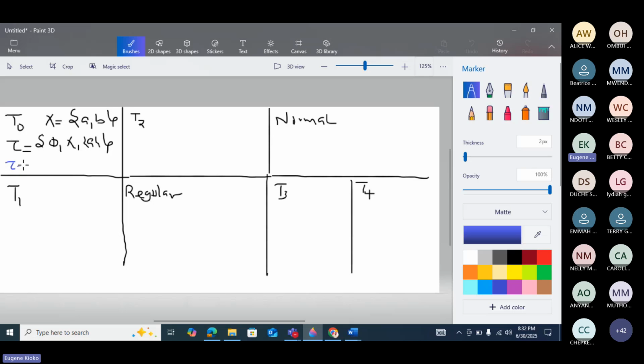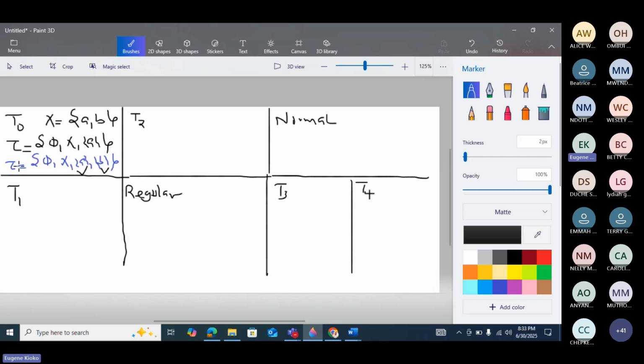This one here, empty, X, A, B, will not be T0. They should not appear at the same time for T0. Yes, there is a set with A but not B, another one with B but not A, but they should not appear at the same time.